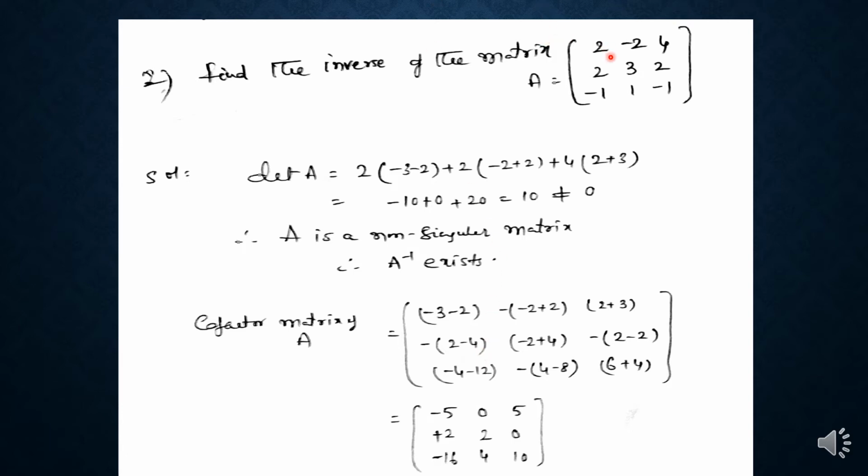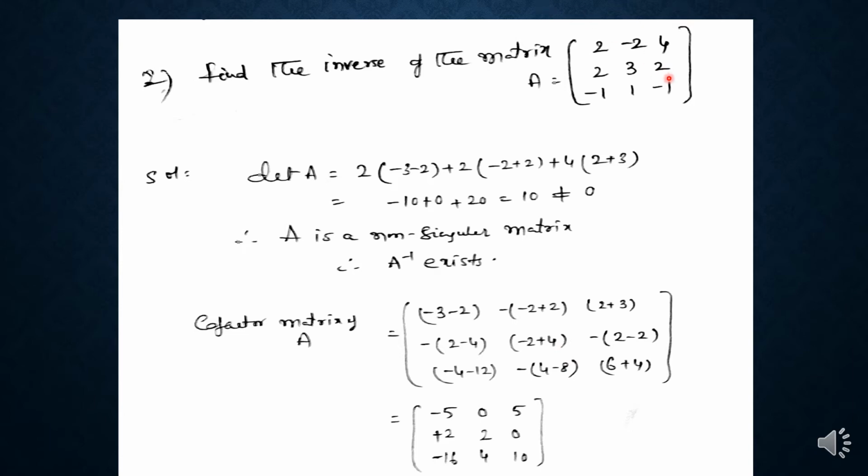Now finding the cofactor of 3 is, by deleting this column and row, we will get 2, 4, minus 1, minus 1, that is minus 1 into 2, minus 2, minus of minus 4 is plus 4, so minus 2 plus 4.